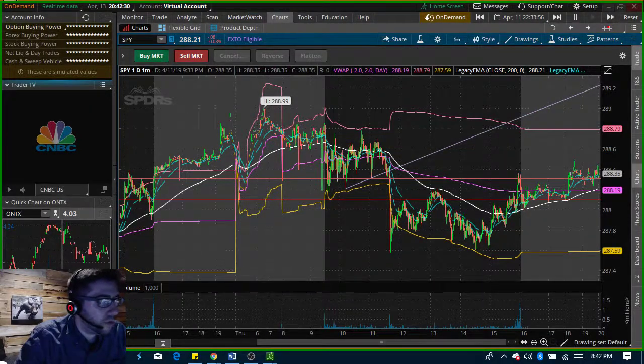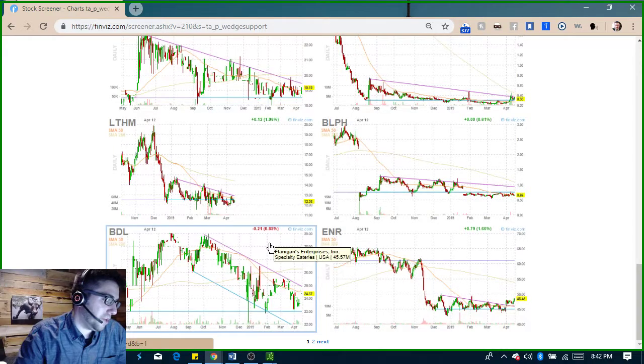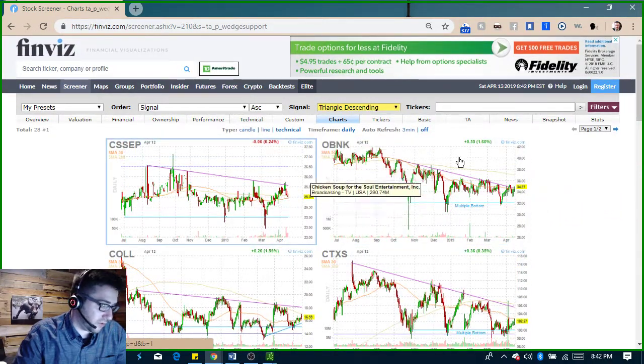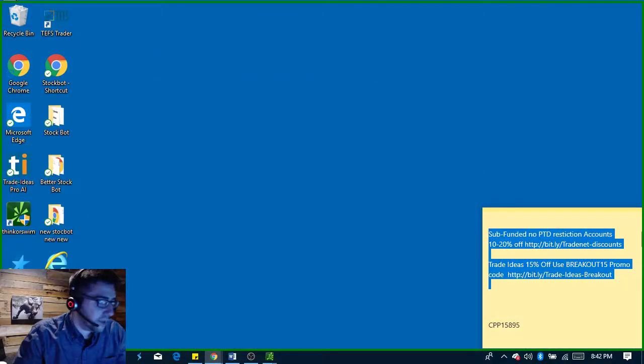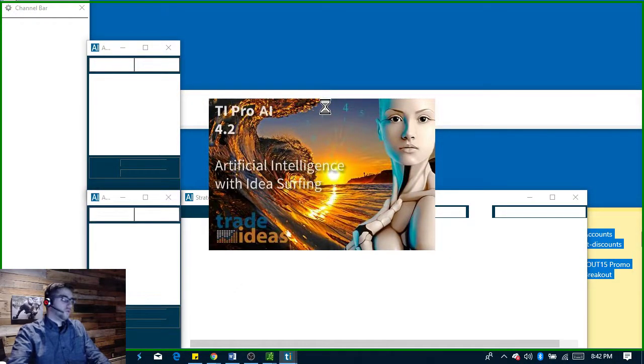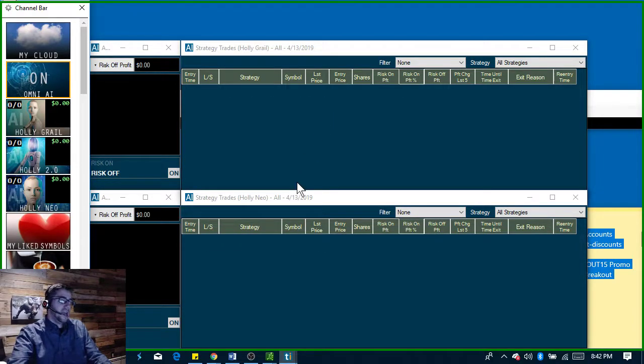So I want to pop over to TradeIdeas, which is my savior. Yeah, Finviz is great, but it's giving you yearly formations, and I don't feel like waiting another 2 months for this to play out. TradeIdeas is known for Holly. It's known for its AI, its artificial intelligence. And this is incredible, this feature that I want to show you.